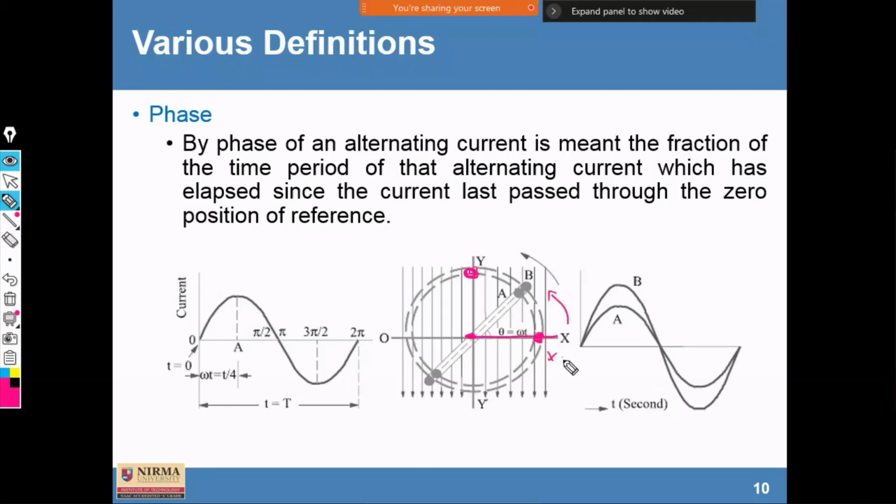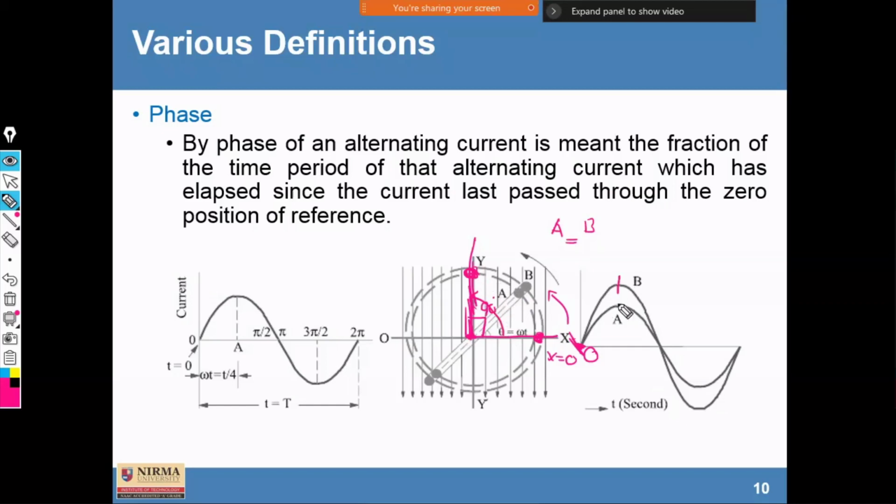from x equal to 0, which means the angle initially is 0. So in the waveform, it will shoot up from 0 here. Now, when both the quantities reach the y-axis, or coincide with the y-axis, the angle is 90 degrees for both coil A and coil B, which reach 90 degrees at the same time.